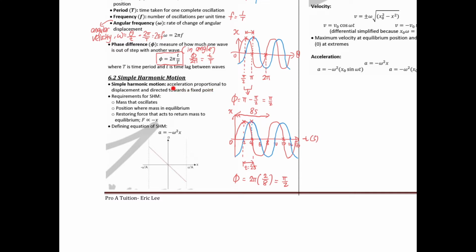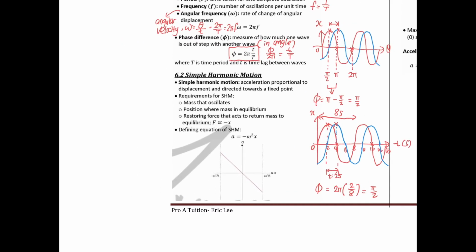Okay, so to understand this simple harmonic motion, let's see one example. So I put an example at the side here. Okay, so let's say you have the ceiling is like this, and then you hang a pendulum with a bob like this, and then you make it swing.